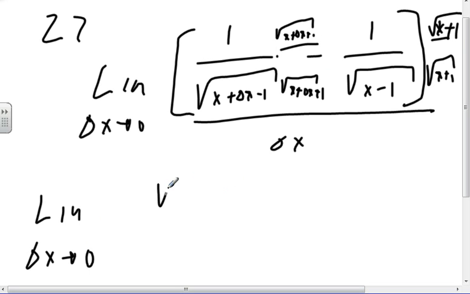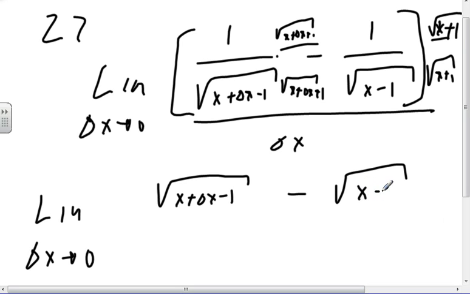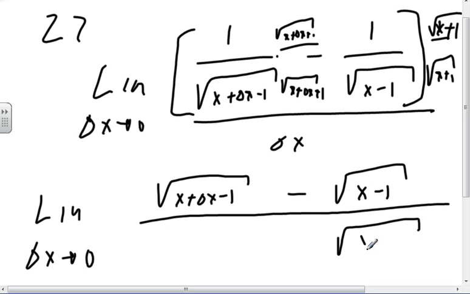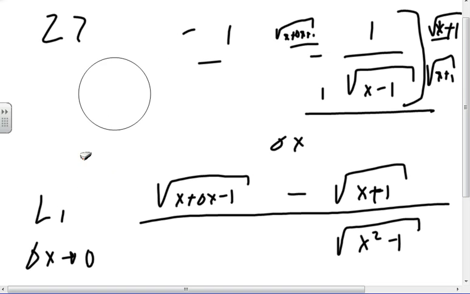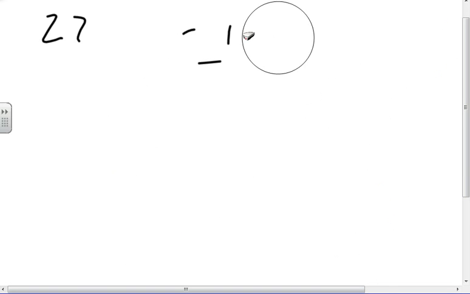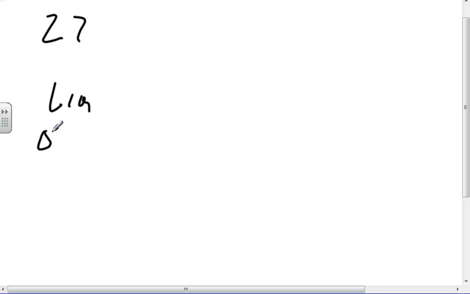All right, I got the square root of x plus delta x minus 1 minus the square root of x minus 1 divided by, okay, over here I'm going to have the square root of x squared minus 1, and that's going to be a plus over there. And over here, I don't know if I want to do this either. No, I don't want to do that either. I'll figure out something to do. Alright, try again. Limit as delta x goes to 0.